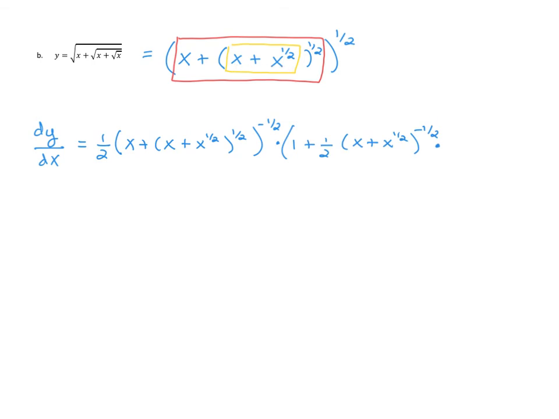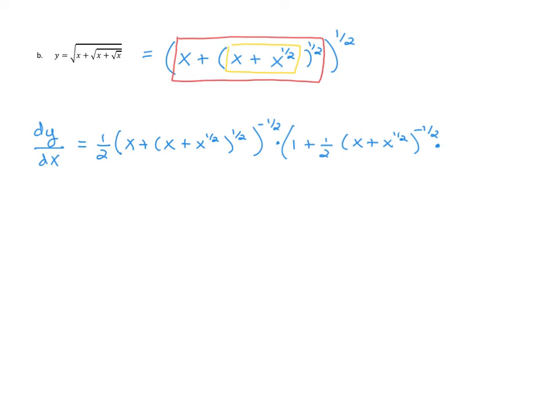Now, I'm not setting up another set of parentheses and putting that outside of there because we have this 1 here. I started by taking the derivative of this x, which gave me 1, and then I jumped over to this piece. I brought down the 1/2, copied down the inside, subtracted 1 from the exponent. But the chain rule says we're going to put whatever comes from here attached just to this piece. What comes out?